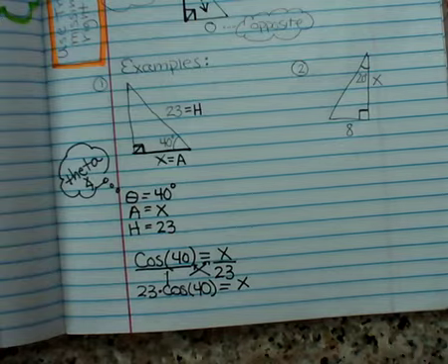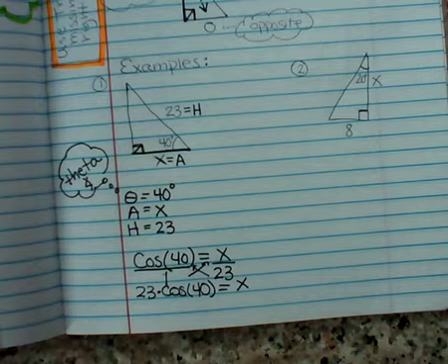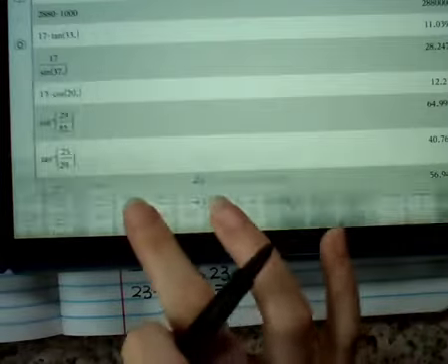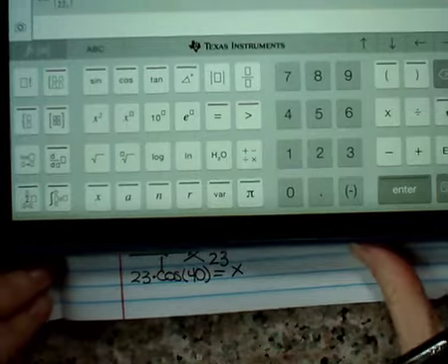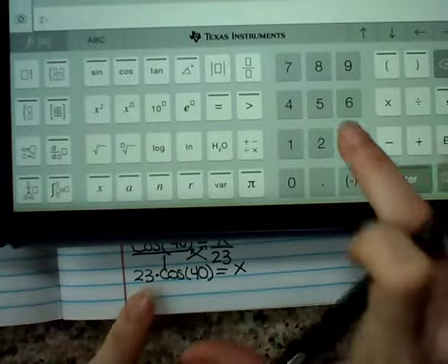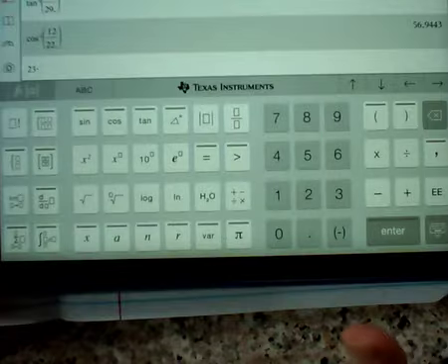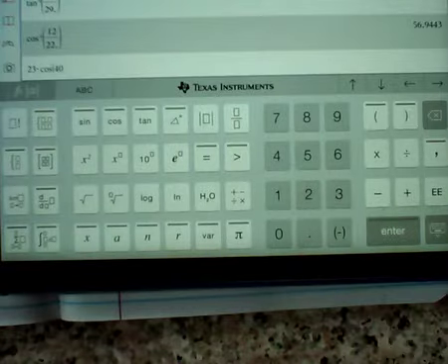So then let's go ahead and type that into our calculator. I'm going to start by typing in the 23 times the cosine of 40 degrees.